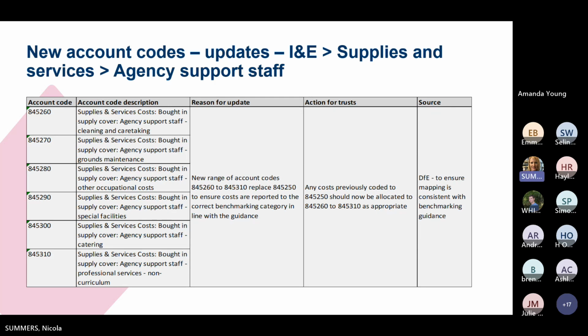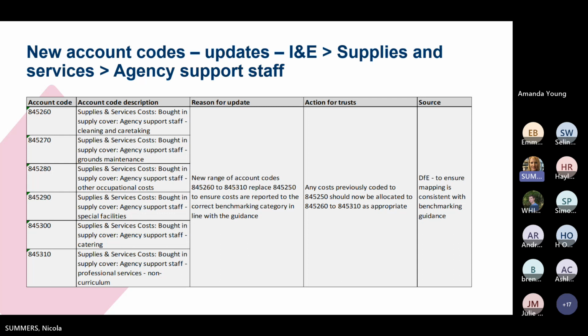So moving on to supplies and services, we've had to add a whole bunch of agency support staff account codes. Previously, the single agency support staff account code balances wouldn't feed through to the right place on the benchmarking.